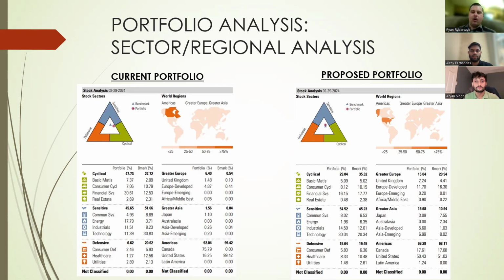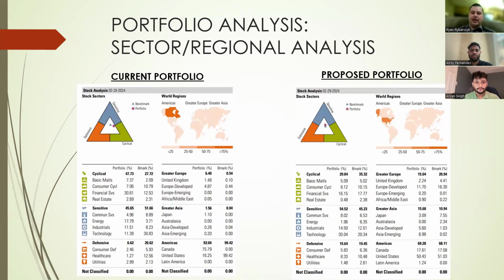In terms of our global allocation, another goal was to diversify outside of Canada. This we have accomplished by reducing Canada from 75.79% of equity portfolio to 17.61%.